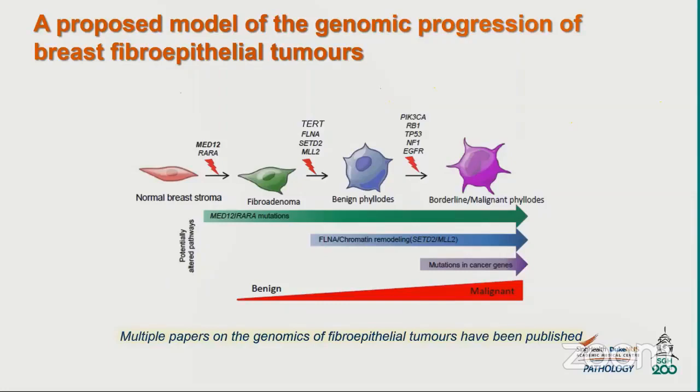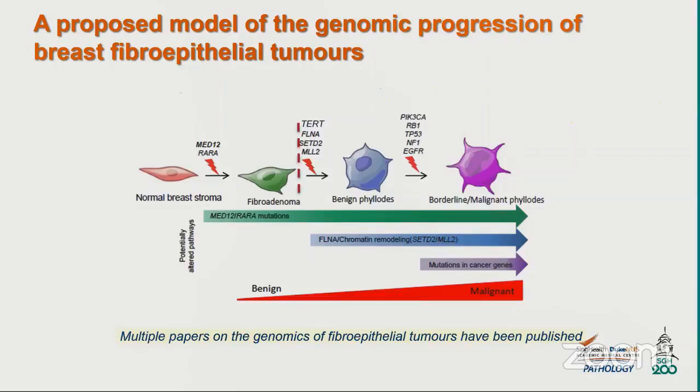This led us to propose a model for the genomic progression of fibroepithelial tumors that starts with MED12 or RARA mutations triggering the formation of the fibroadenoma, with abnormalities in these genes spurring the formation of benign phyllodes tumors, and acquisition of cancer driver mutations pushing the grade into borderline and malignant.